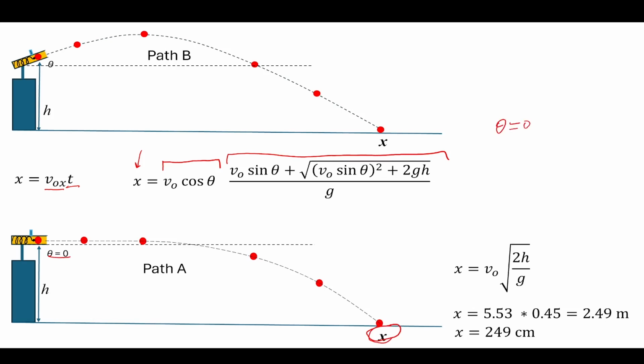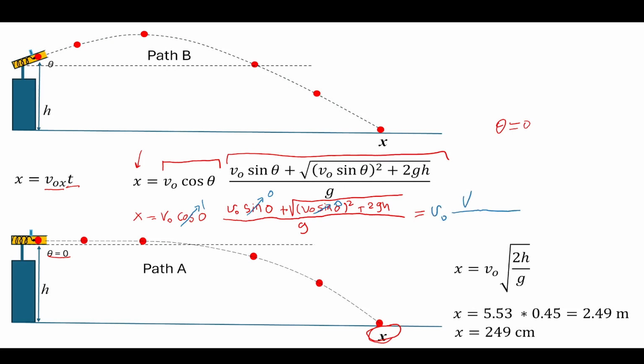So then x here will be, now cosine 0 is 1. Sine 0 will equal 0. And this quantity will equal 0. So then we have V0, and this is the distance traveled horizontally if theta is 0.